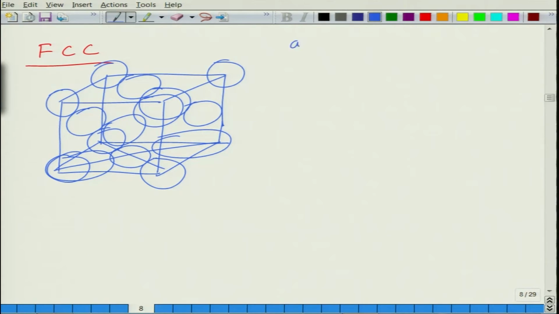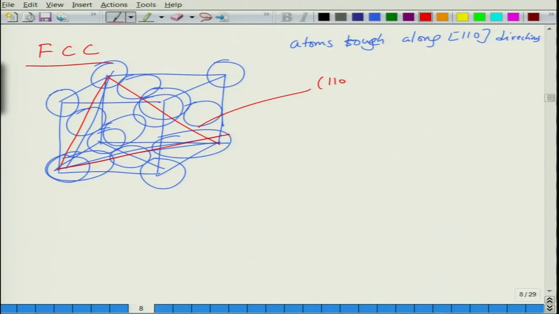So, atoms touch along 110 directions, and there is a plane which is this plane, which is 111, sorry, which is the plane in which atoms touch each other.